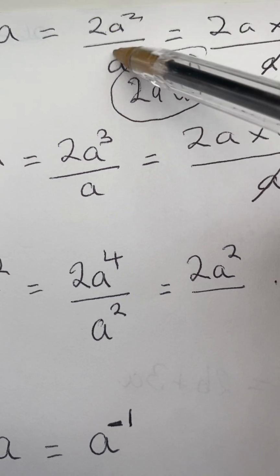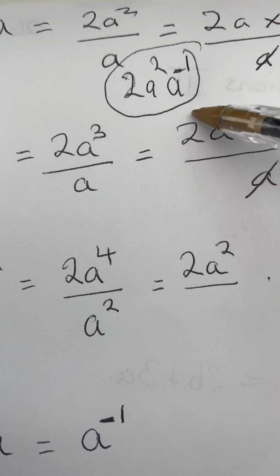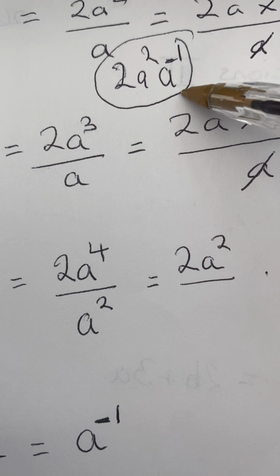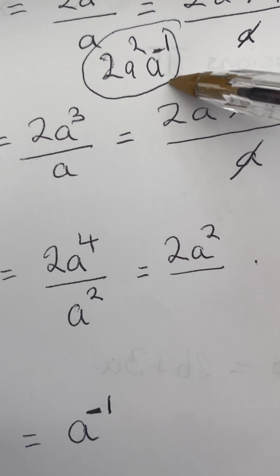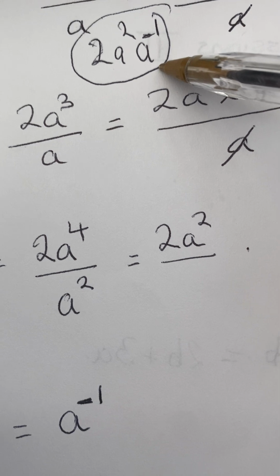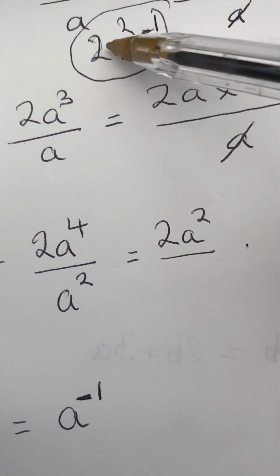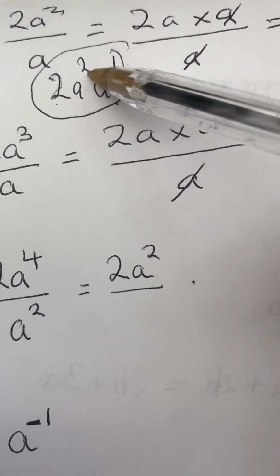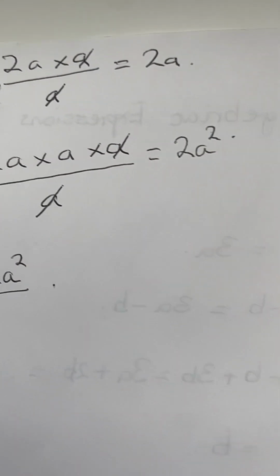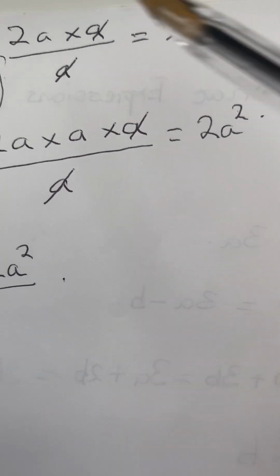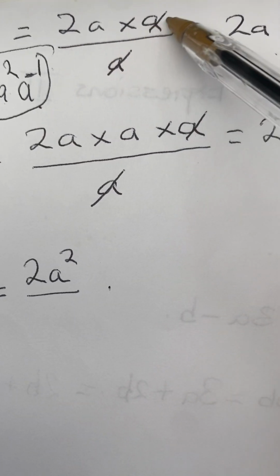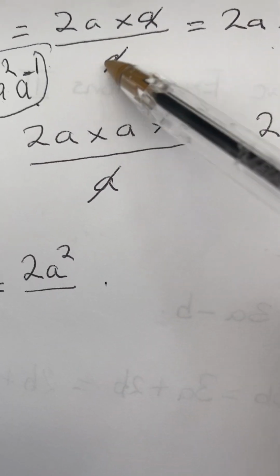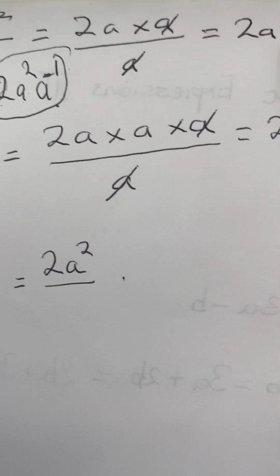And then you use, tomorrow I introduce you to the mathematical laws so that you can add it to your flashcard. It will help you a lot. So you can have 2a to the power 2 minus 1, which is 2a to the power 1, so that's why you have 2a here. Or you can do it in the basic form and cancel out, and you have 2a.